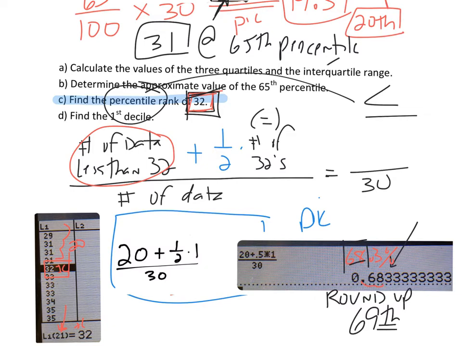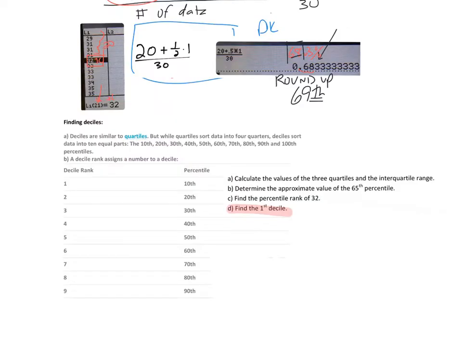Finally, letter D, here we have to find the first decile. Now here's some information you need to know about deciles. Deciles are similar to quartiles, but for quartiles, the lower quartile is the 25th percentile, the median Q2 is the 50th, and the upper quartile Q3 is the 75th.